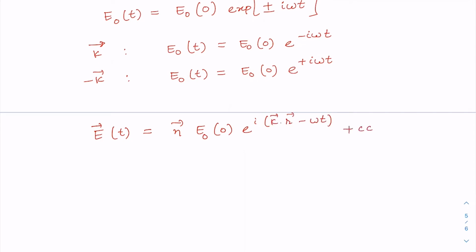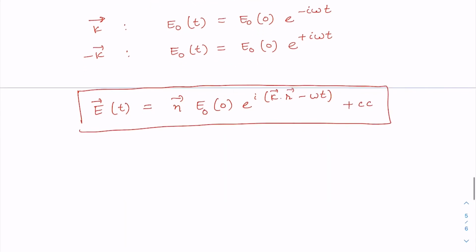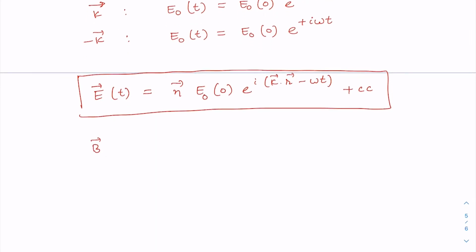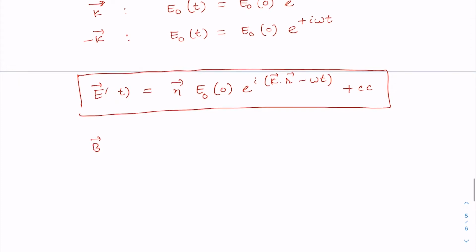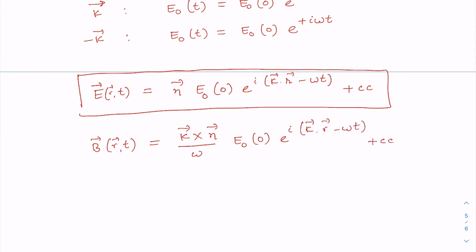Alright, so this is the expression for the electric field. This is one mode we are considering, and the corresponding magnetic field, I should write here E of r,t, and the magnetic field you can easily show would be k cross eta by omega E0(0) e to the power i k dot r minus omega t plus the complex conjugate.